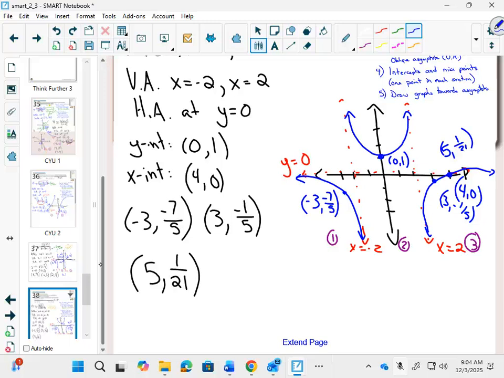So again, here we have a situation where we just got a graph that's completely different than any graph we've ever seen before, but the steps stay the same. You get your asymptotes. You know that your graph is going to have to go towards your asymptotes. You find your intercepts. X-intercepts in particular are very important because you can't make new ones after you've found them all.